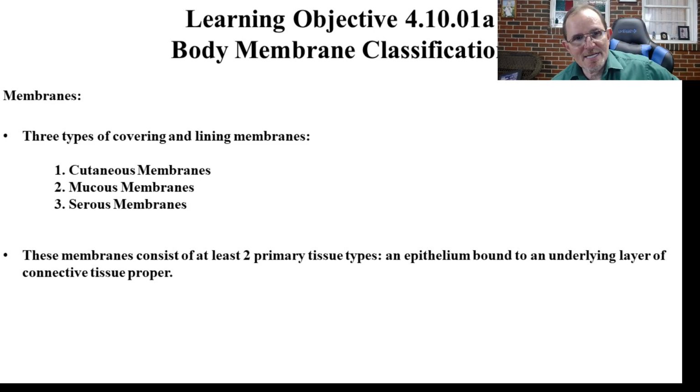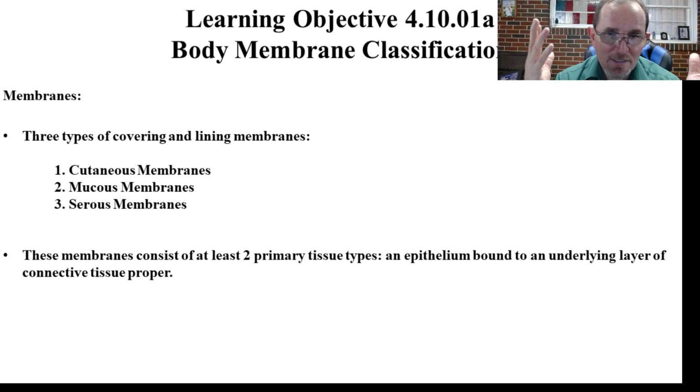Okay, body membrane classification. We've got 3 membranes. We've got the cutaneous membrane, which is basically the skin. The mucous membrane, which is the mucosa, like the inside of your mouth, the inner part of the anus, the vagina, places like that.